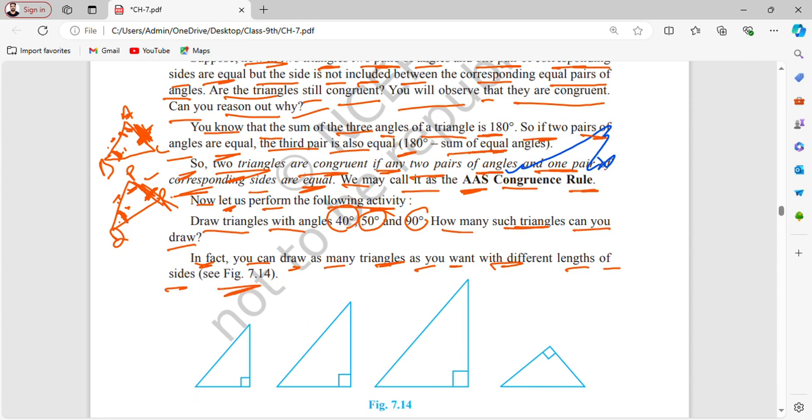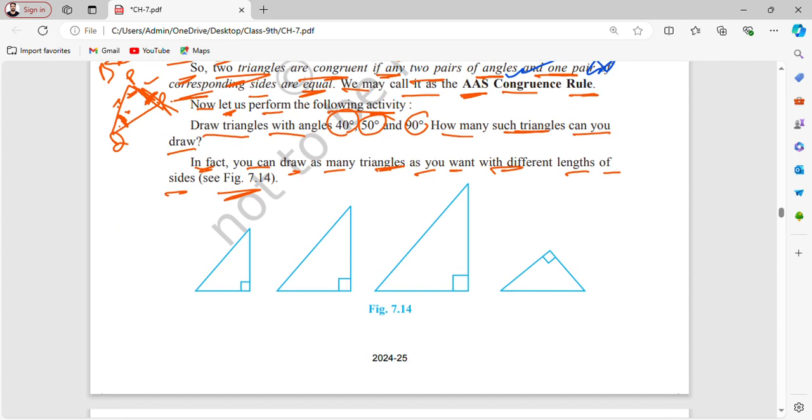7.14. This is 90 degrees. This angle is also 90 degrees. This is also 90 degrees. This is also 90 degrees. And let us assume this angle will be 40 degrees, this will be 50 degrees. Maybe this will be 50 and this will be 40.